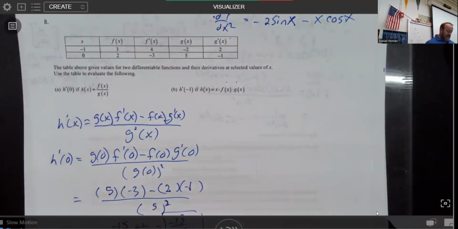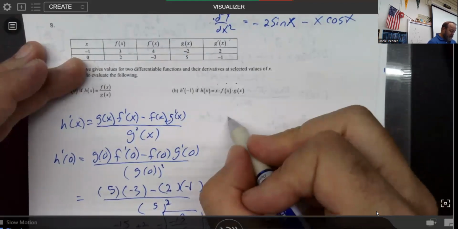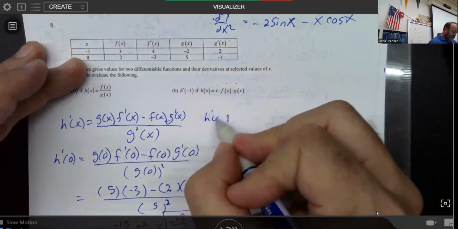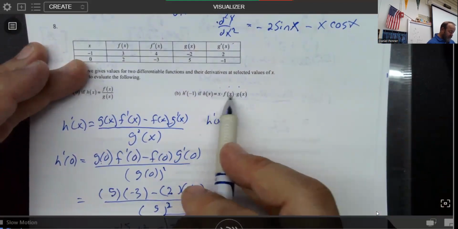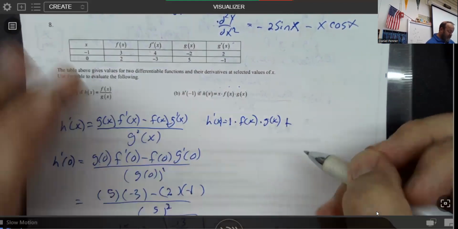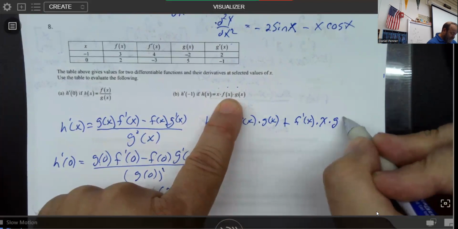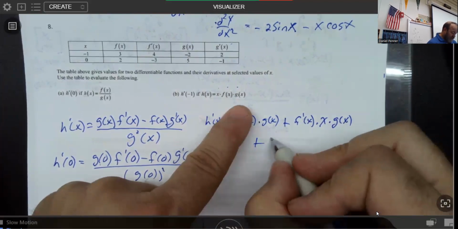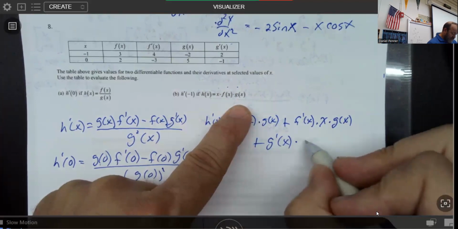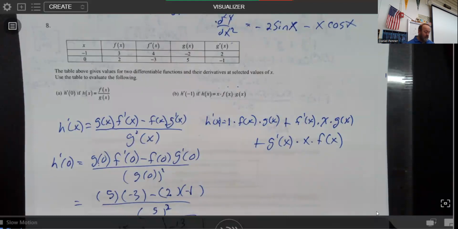And if we were to take the derivative of all 3, h prime would be the derivative of the first times the other 2, plus the derivative of the second times the other 2, plus the derivative of the third times the other 2.